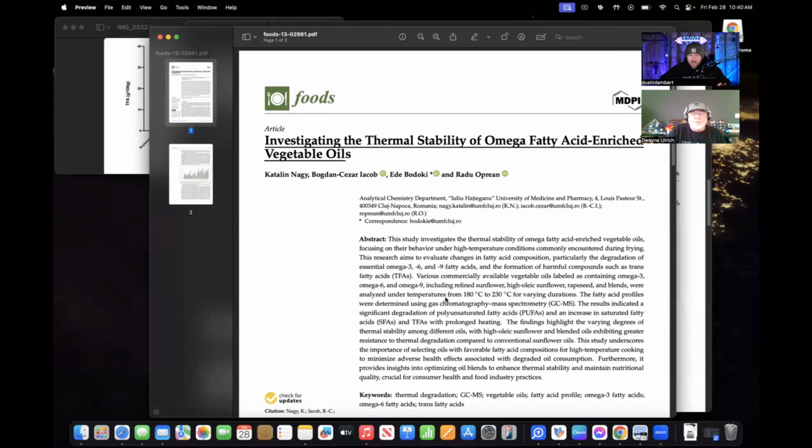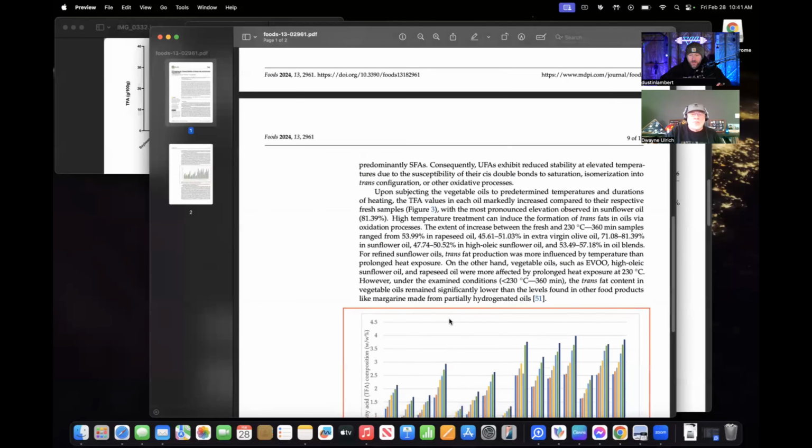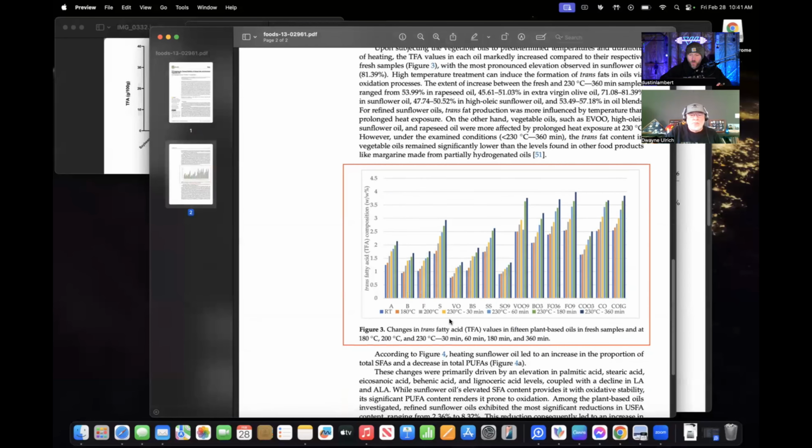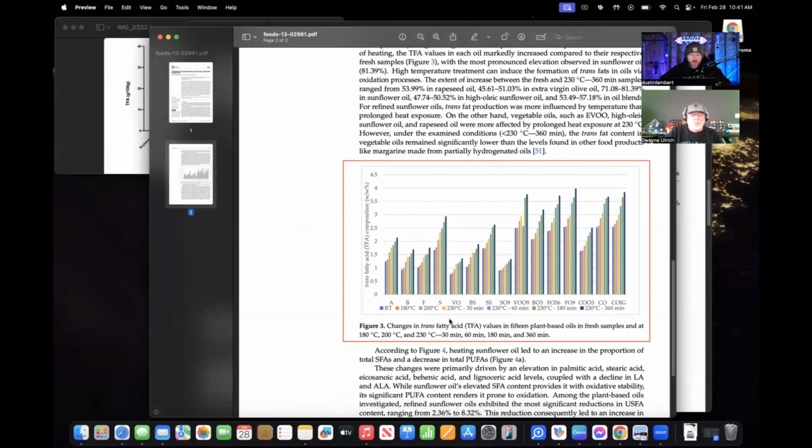All right, getting down to the last of them here, investigating the thermal stability of omega fatty acid enriched vegetable oils. These oils are enriched with omegas, whether 3, 6, or 9, and you would hear a lot online that those would add to stability.